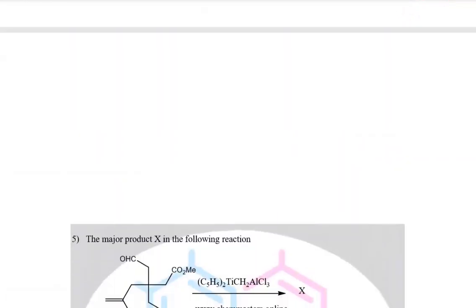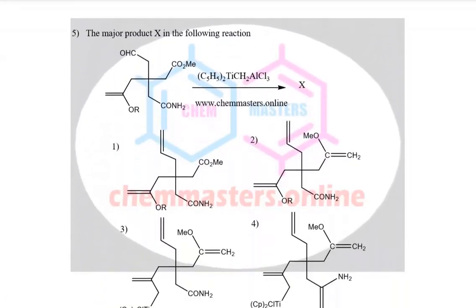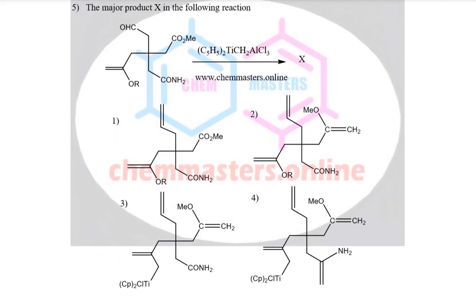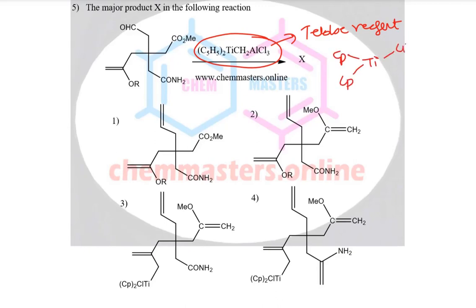And next question. The major product X in the following reaction. Just look at the given reaction here. So we have given this, the Tebbe reagent. Now try to expand this reagent. Here is Cp, here is Cp, here CH2, here aluminium.